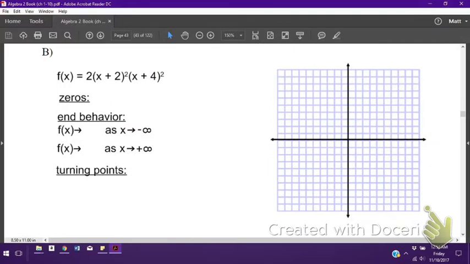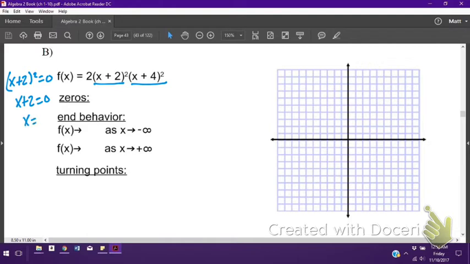Alright, example B is slightly different, but they still give us the binomials. All we have to do is, again, set them equal to 0. So I have x plus 2 squared equal to 0, and x plus 4 quantity squared is equal to 0. I'm going to do that on the side over here. So x plus 2 quantity squared is equal to 0. If I square root both sides, the square root of 0 is still 0, right? So I get x plus 2 is equal to 0.